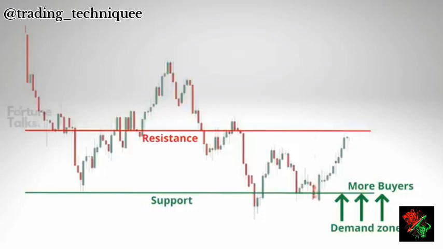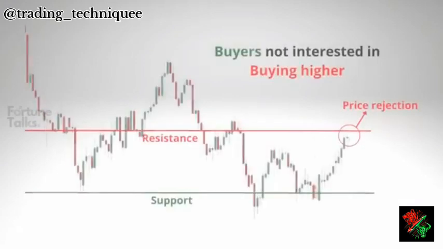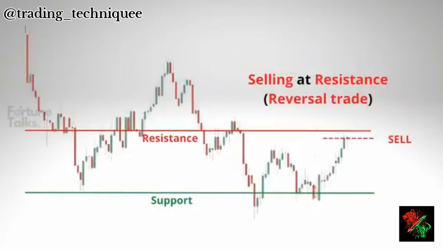So it is obvious from the market structure that the buyers would wait for the price to retest or reverse to the particular support level so that they can buy or they can go long. Further, the price rejection at the resistance indicates that the buyers are not willing to buy at higher prices. And this is exactly the best place to initiate a short trade.